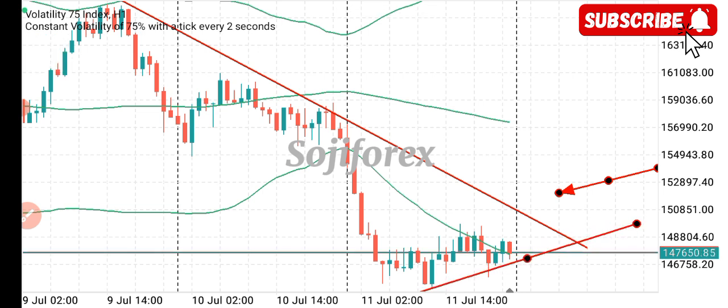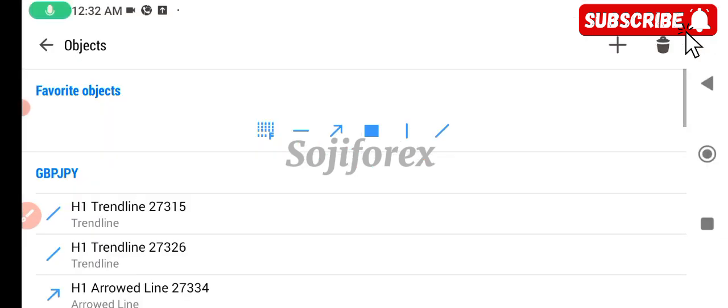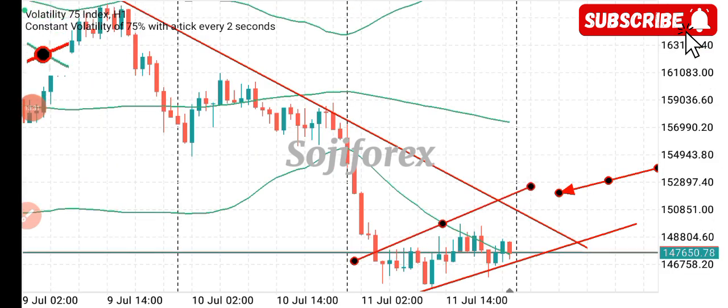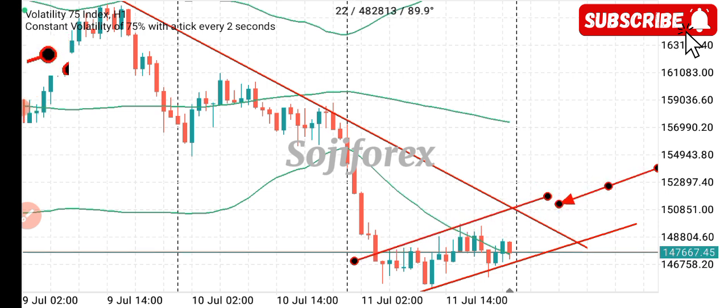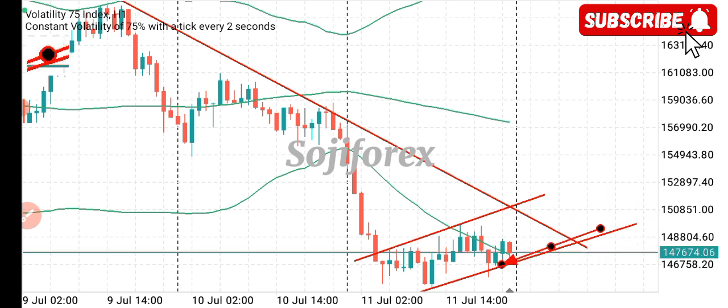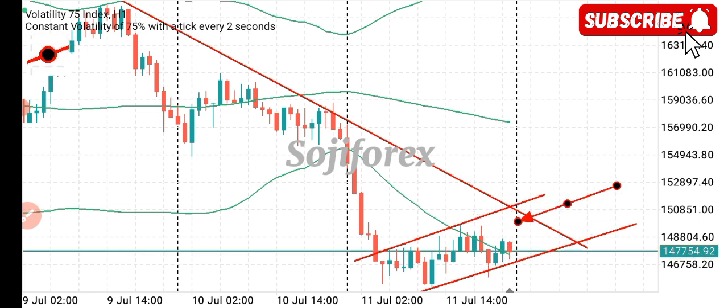Okay, so I am looking at this to be a sort of a formation of a bearish flag pattern. So I will need, if this candle now closes as a bearish engulfing candle, I will make my entry and my stop loss is here, because it will serve as my controlling candle.